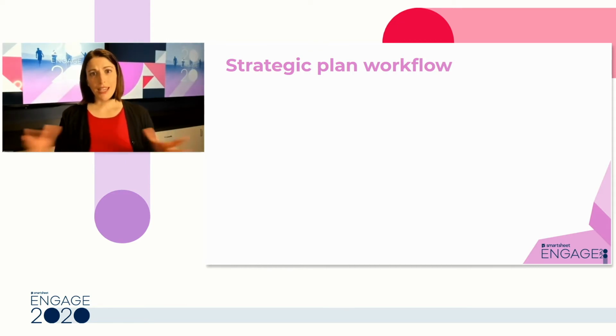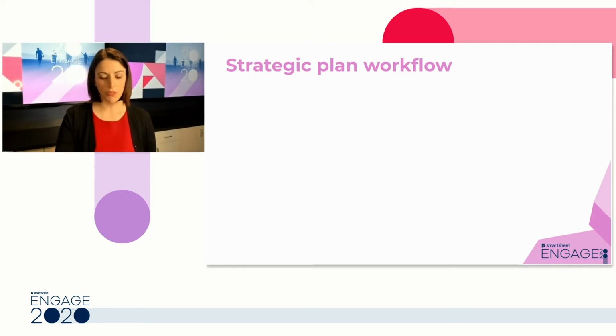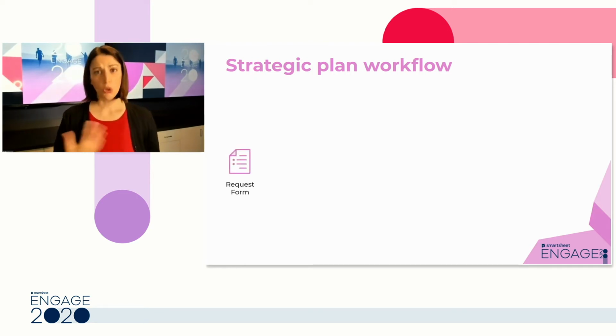So say we do strategic planning for the entire company, and every department needs to submit the projects that they want to run for the year, and then the leadership team needs to approve them. Again, we're probably going to want to streamline that process because the leadership team needs the same information from all departments.